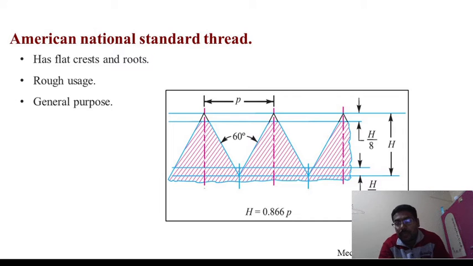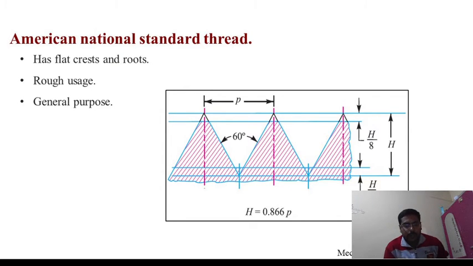See, the previous one is 55 degrees, the BA thread is 47 degrees, and here it is 60 degrees. The pitch is from one thread to the adjacent thread. See here, h is equal to 0.66 times P. So h is calculated differently in the different threads. See, h is equal to H by 8, capital H and small h. These are the different notations, so we use different angles in American National Standard threads.